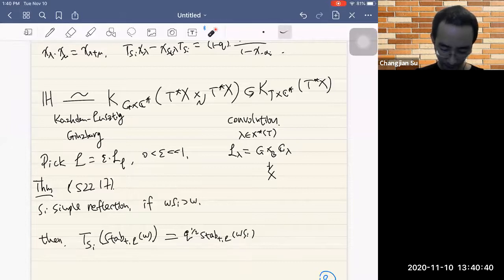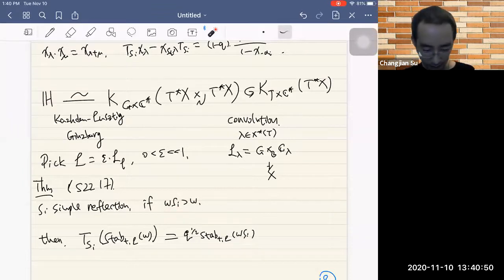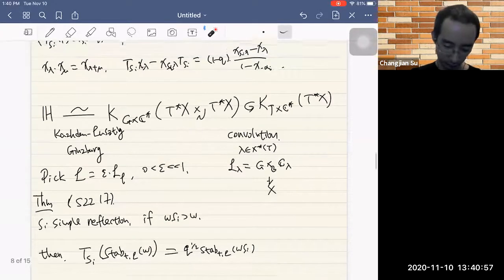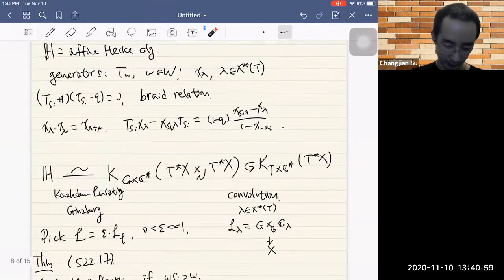Okay, so this is almost the same as before. Although here I only write the case w s_i bigger than w, how about when w s_i is smaller than w? Then you can use the usual trick about the Hecke algebra.